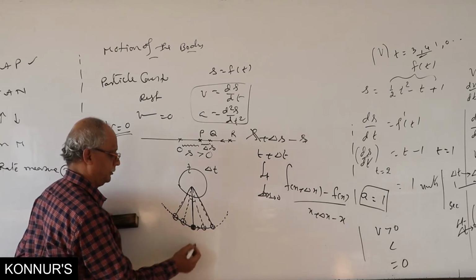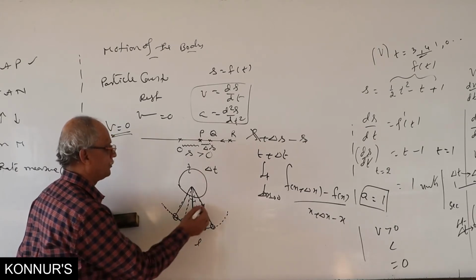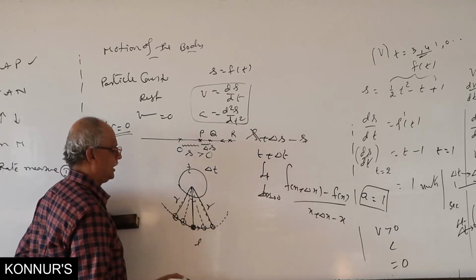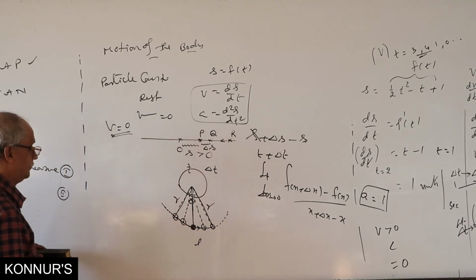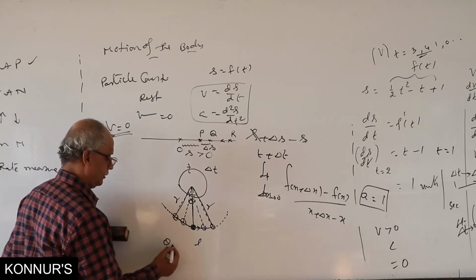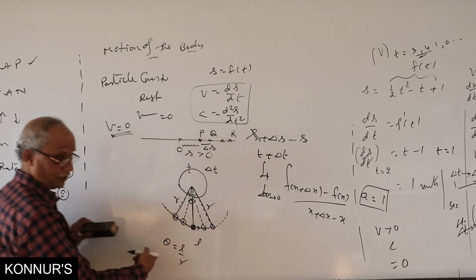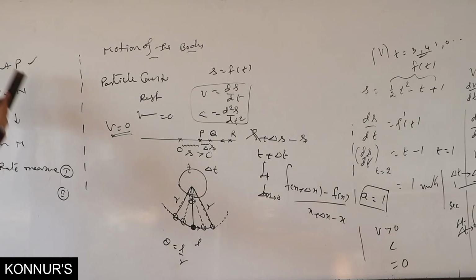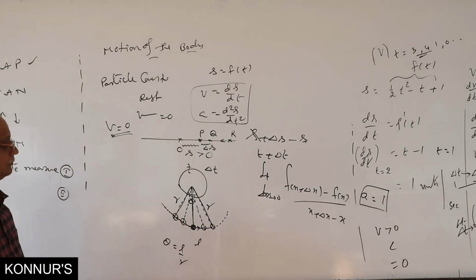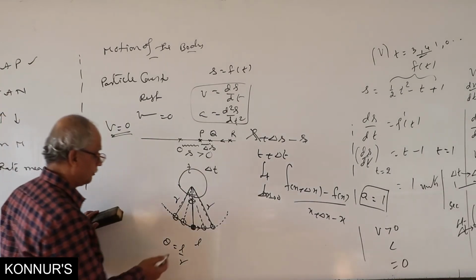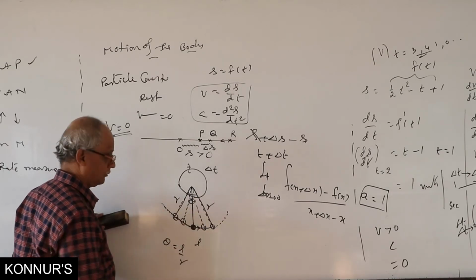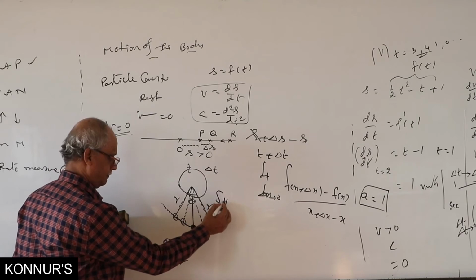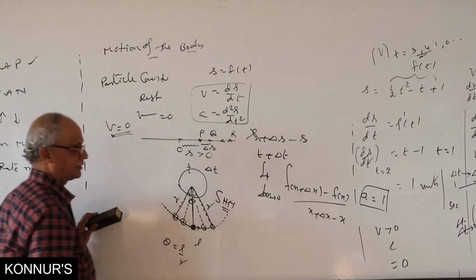Length of the arc is L, R is the radius, theta is the angle subtended by the arc at the center in radians. Then what is the theta value? L by R. We need this in errors and approximation, sector problems. Length of the arc L equal to R theta. Based on this, okay, leave it. My question is, when we go for SHM, we have one problem for this SHM.